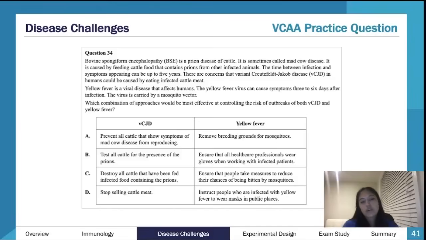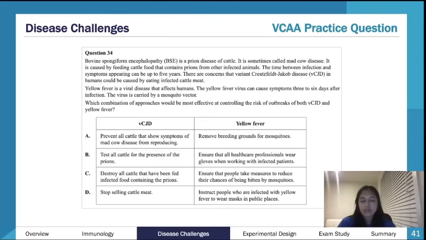So if you prevent all cattle that show symptoms of mad cow disease from reproducing, okay, that might be good, but does that stop that cow from having mad cow disease? No. Does that stop that cow from being cut up and then given as food? No. So that's why C is the better option. Destroy all cattle that have been fed infected food containing the prions.